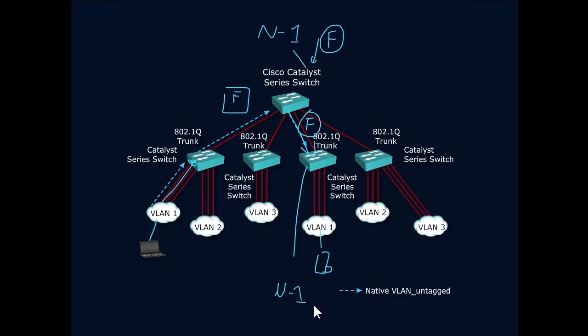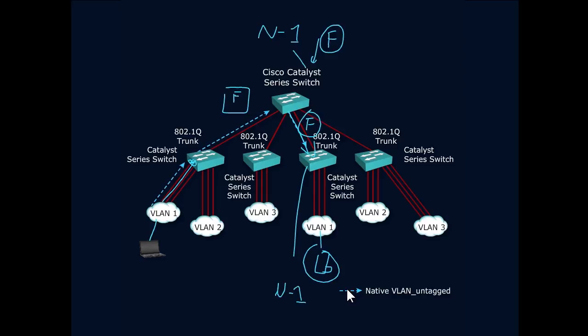Oh, good, it's number 1. So everything's consistent. Therefore, it forwards it on to the device based upon the VLAN 1 MAC address table. So the native VLAN refers to that VLAN in which we will not tag the frame and therefore assume that a particular VLAN number is associated with it.